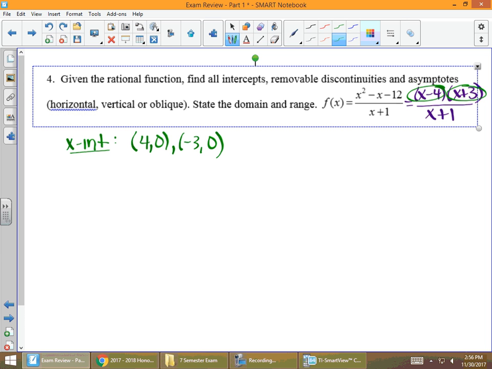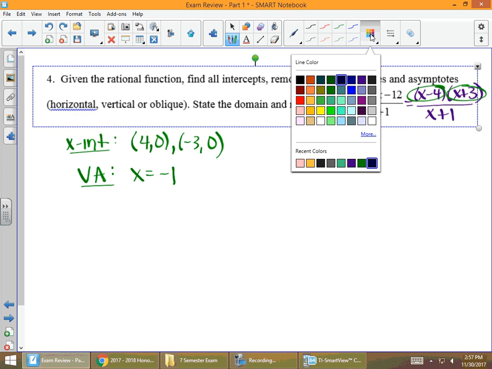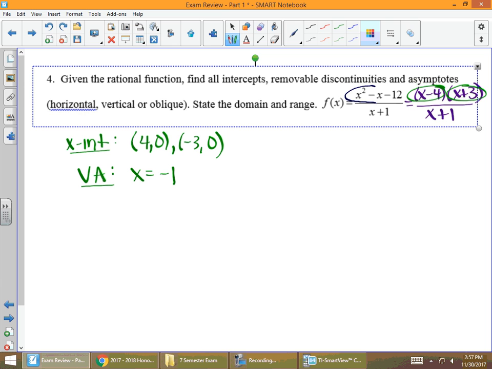It's going to be at x equals negative 1. And the way we find that oblique asymptote is to take our numerator and synthetically divide by our vertical asymptote.